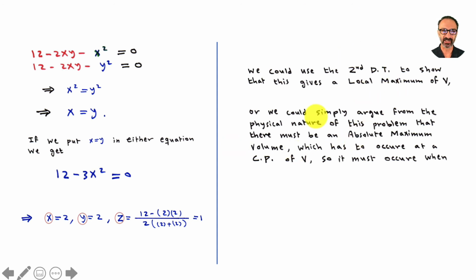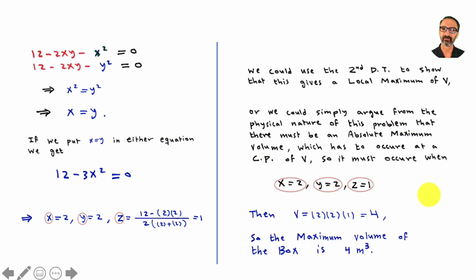There must be an absolute maximum volume which has to occur at the critical point of v, so it must occur when x equals 2, y equals 2, and z equals 1. Then v equals 2 times 2 times 1 equals 4, so the maximum volume is 4 meters cubed.